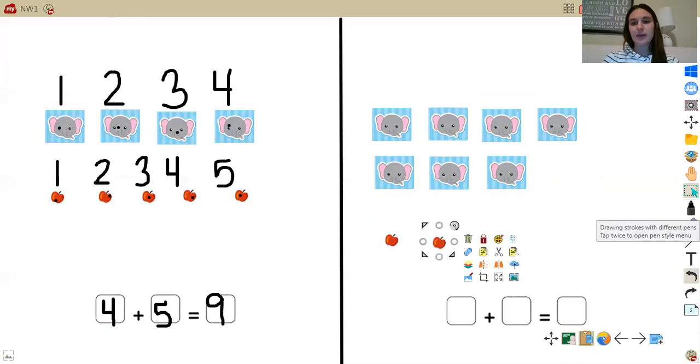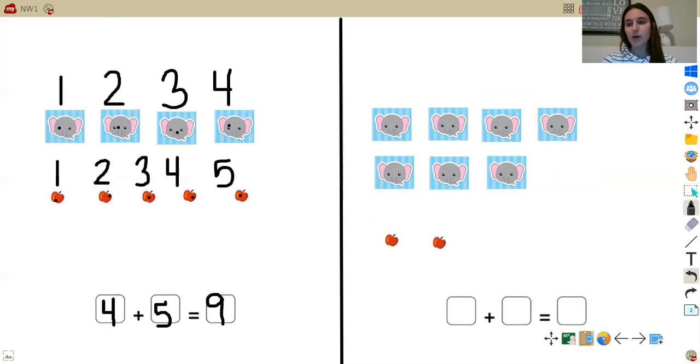And just like the problem that we did before, I'm going to label my big stickers and then I'm going to label my small stickers. So follow along and count with me.